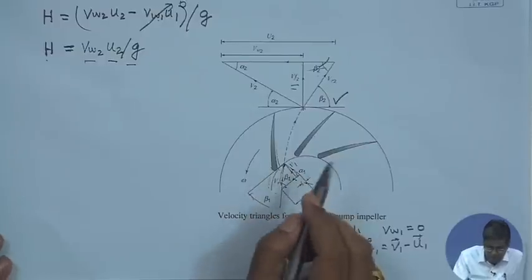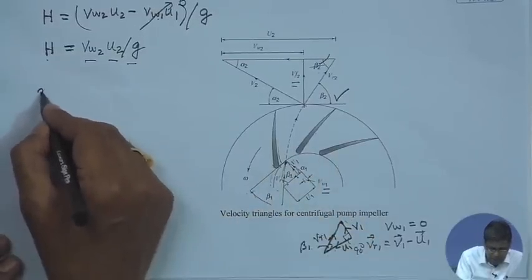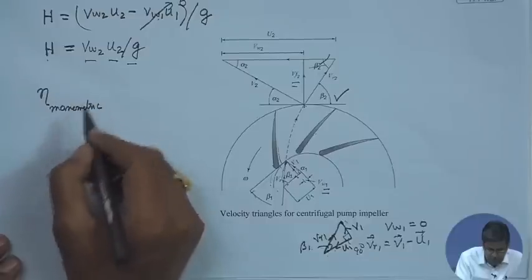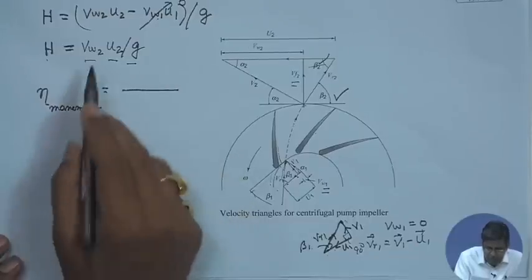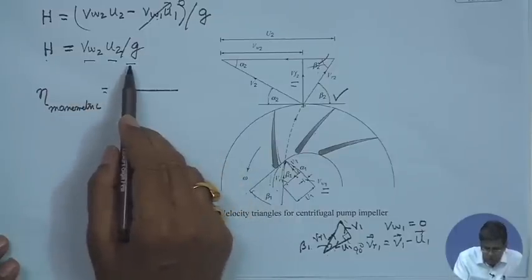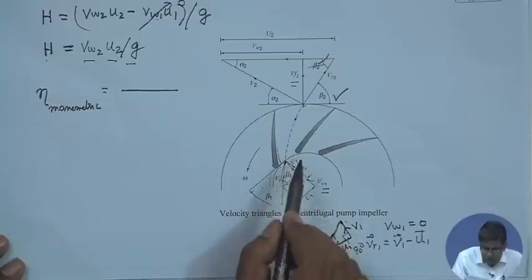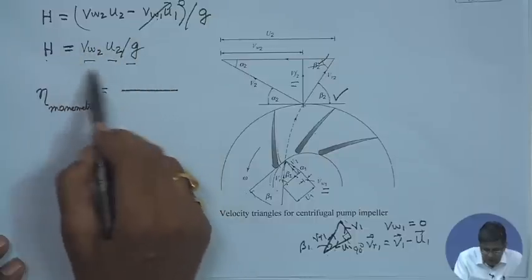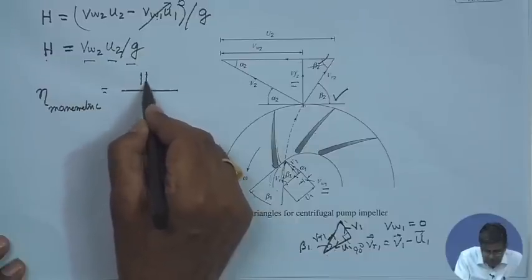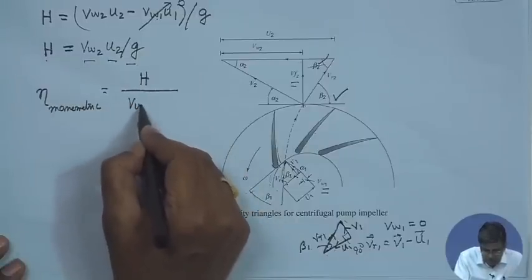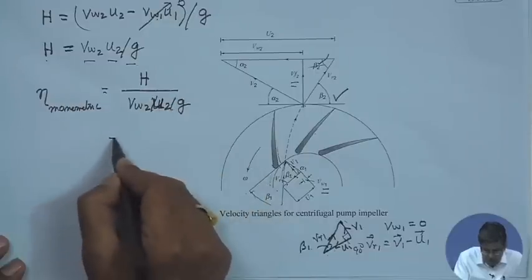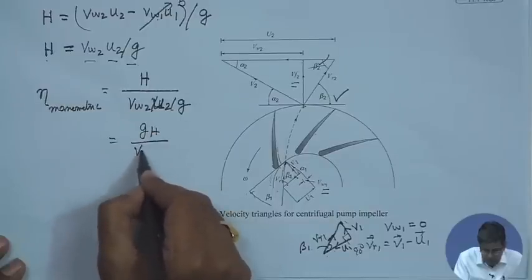Now, here manometric efficiency is defined, this is a terminology, manometric efficiency, as the head developed by the fluid divided by Vw2 U2 by g, that means gH by Vw2 U2.